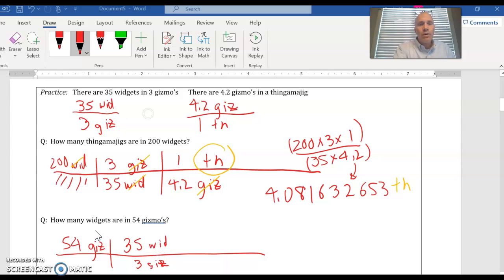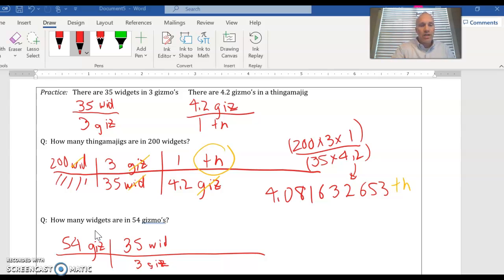So even though we have 2 relationships, if you only need one of them, then just use one of them. If I asked you how many seconds are in 2.3 minutes, it would only require one of those relationships that we talked about before.